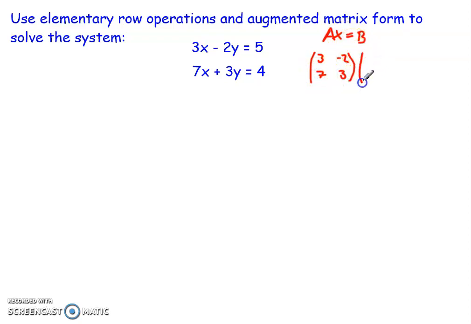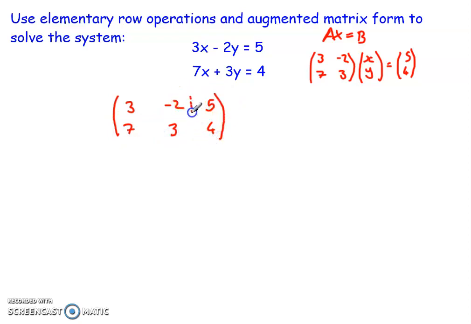The X is a vector which has my variables in it, so my x and my y. And that equals B, which is the solution, a 2x1 matrix, written like that. Now I can combine the constant matrices such that I can get my augmented matrix. So my augmented matrix for this one would be 3, -2, 5, 7, 3, and 4.